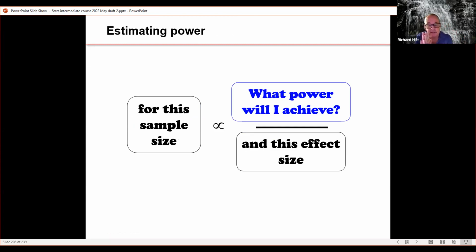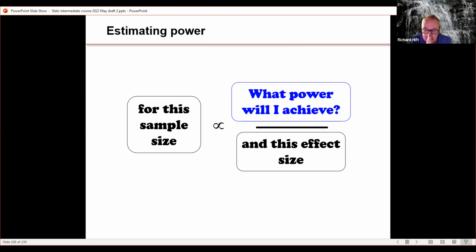In other words, if you come to me and say, I've got 50 patients, I cannot get more. There are only 50 patients with this disease, or maybe I've only got enough money to run the tests on 50 patients. This is the effect size I'm expecting. You can say, what power will I achieve? And I can calculate that and say, 80% power, relax, your 50 patients are enough.